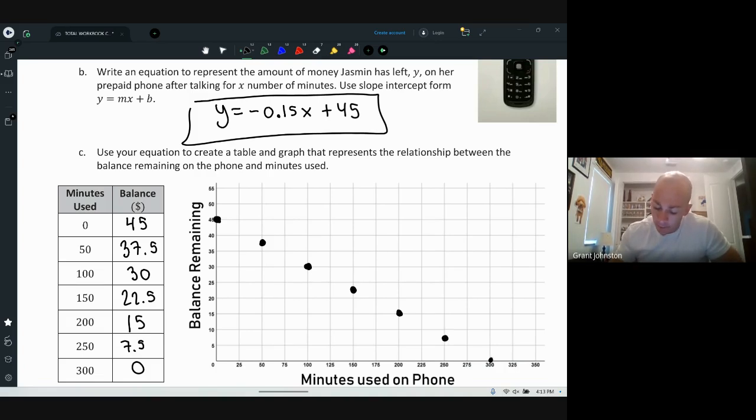And then at 300, 0. Connect these. And there we have it. That's a linear relationship.